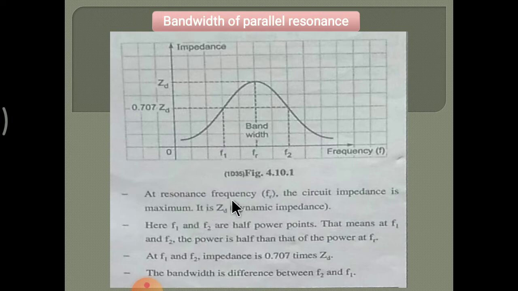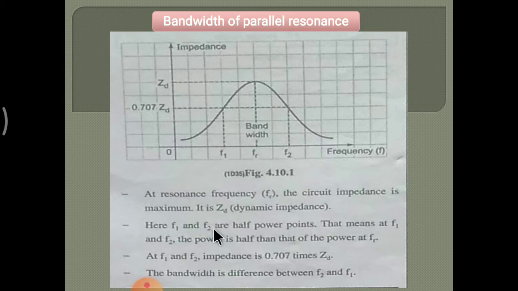At the resonant frequency fr, the circuit impedance is maximum. This impedance is maximum at the resonant frequency fr, and it is denoted by ZD, the dynamic impedance.